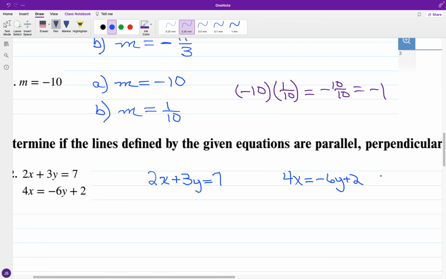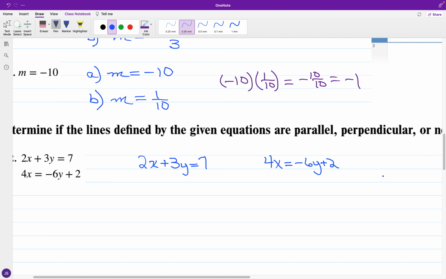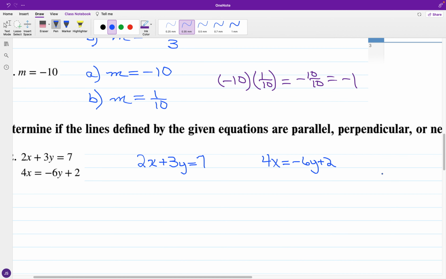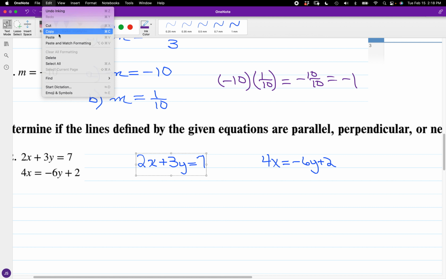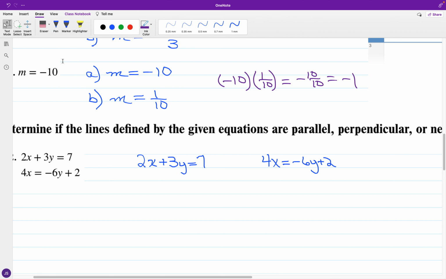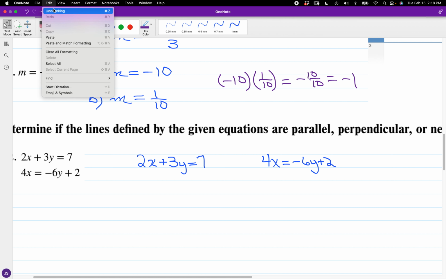To determine if they are parallel, perpendicular, or neither, we need to determine just what the slope values will be. So for 2x plus 3y is equal to 7, I can determine the slope upon expressing it in slope-intercept form.